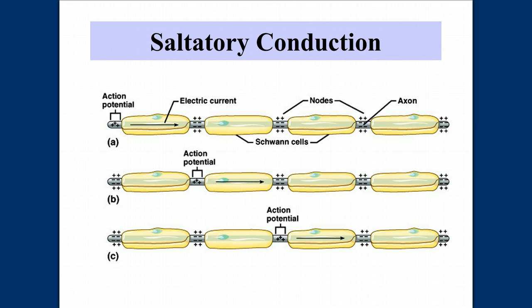Impulse conduction is the velocity and the manner in which the nerve impulse runs down the neuron or nerve fiber. The velocity of that impulse on an unmyelinated nerve fiber is slow, since it's unmyelinated and the nerve impulse must travel the entire distance of the nerve fiber.